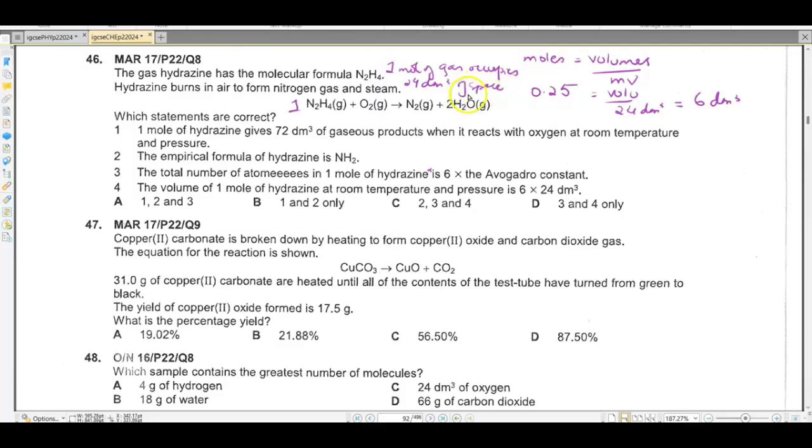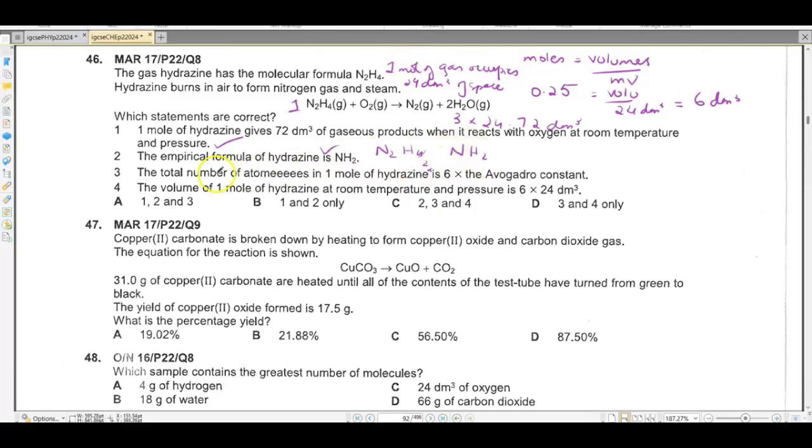So 3 times 24 is going to give us 72 decimeter cubed. So this is correct. 2. The empirical formula for hydrazine is NH2. We can just find it out right now: 2 and 4 simplifies to 1 and 2. So yes, this is correct. The empirical formula is NH2.